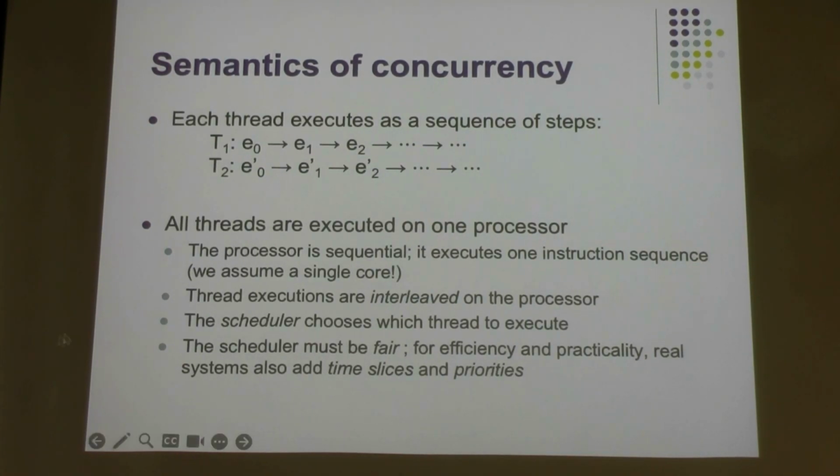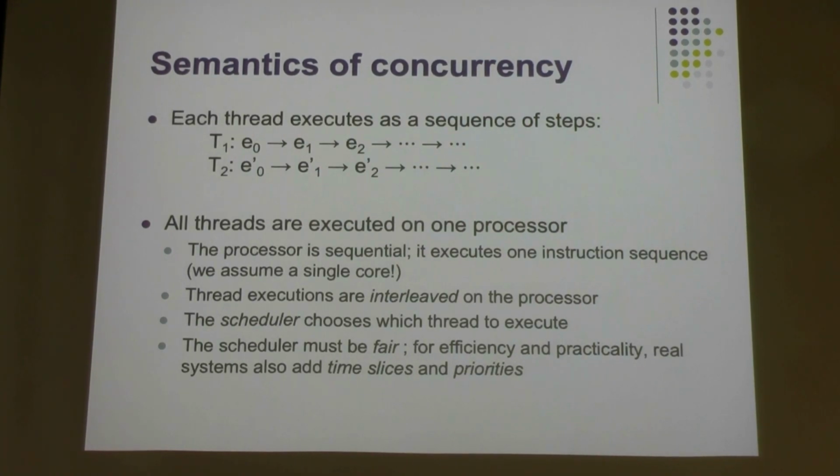And if you want this to be nice, the scheduler has to obey some rules. The first rule is that it's fair, which means it cannot forget a thread. It has to remember all the threads and execute them all.